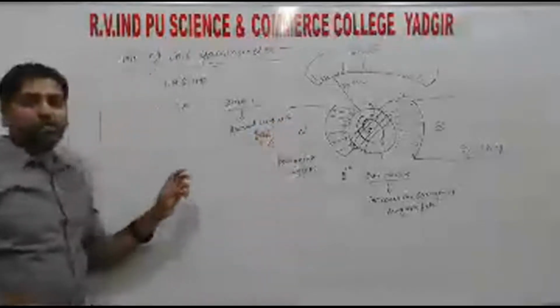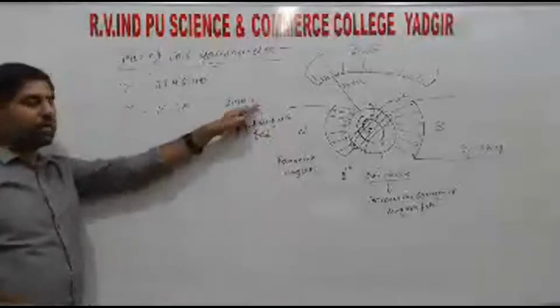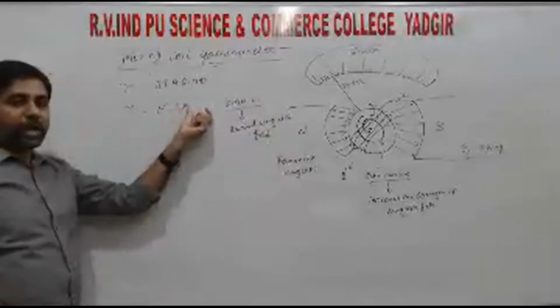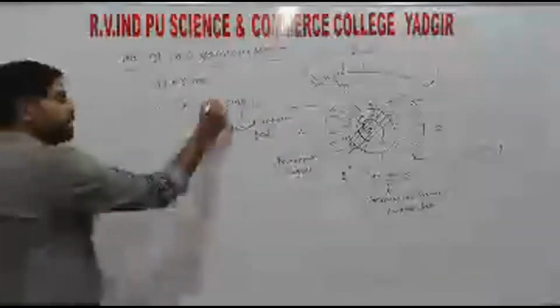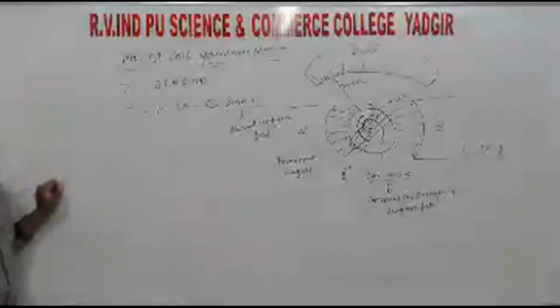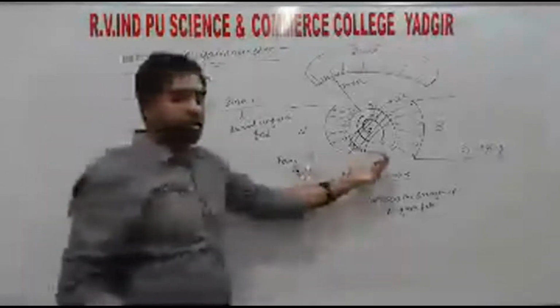So because of the radial magnetic field the value of sin theta becomes 1, so 1 into NIBA, right? So this is equation 1, the torque which is experienced by the coil, right?